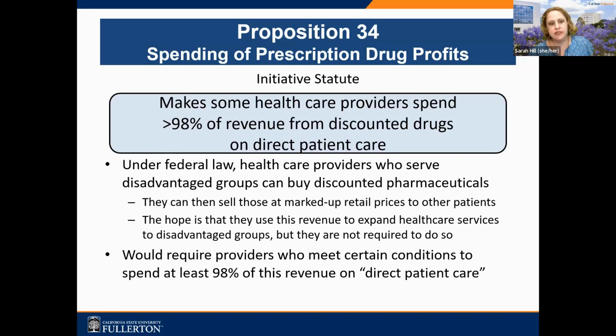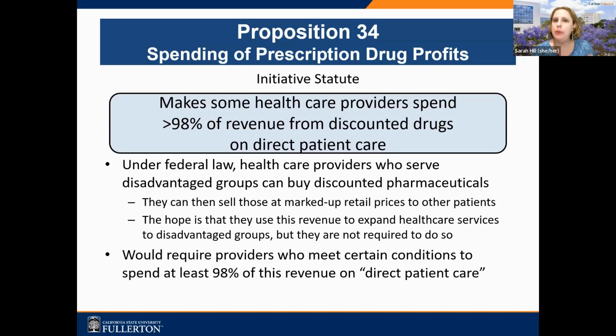Under federal law, there's a federal program that if you're a healthcare provider who serves disadvantaged groups, you can buy discounted pharmaceuticals. It's meant to encourage folks to be providers to disadvantaged groups. And you are able to then sell those discounted drugs at marked up retail prices to other patients who aren't from disadvantaged groups. So you can make a profit.